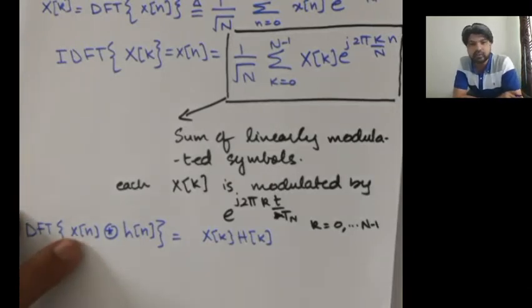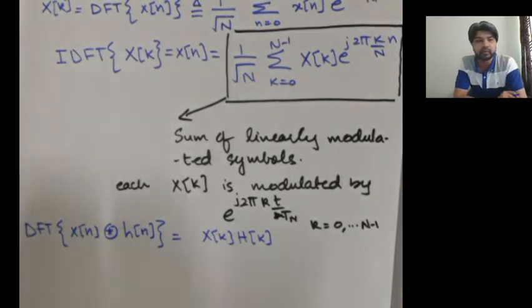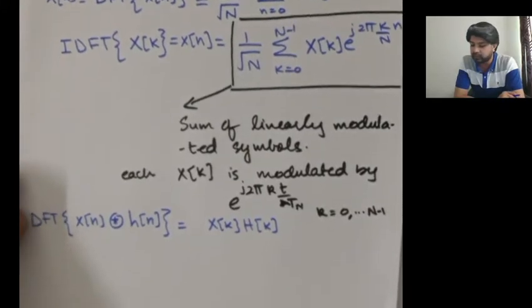Because if you transmit the signal x of n into a channel, that would lead to a linear convolution rather than the circular convolution. However, we want to make use of this IDFT implementation or the DFT implementation to ease our design. But the problem is that DFT is related to its frequency domain counterparts via this circular convolution and not the linear convolution. So let me define the circular convolution here.